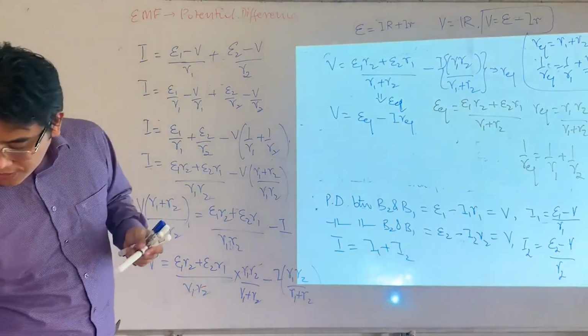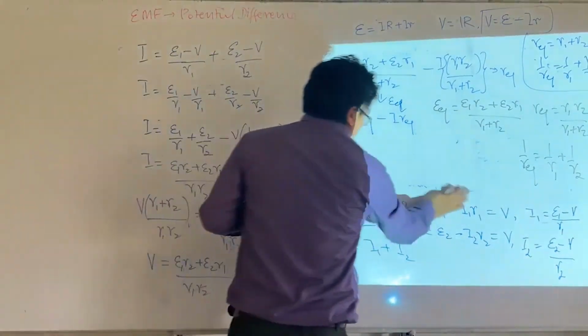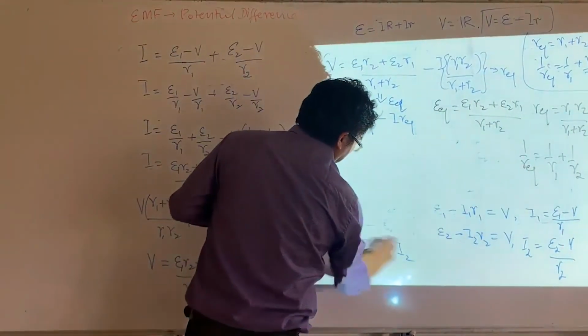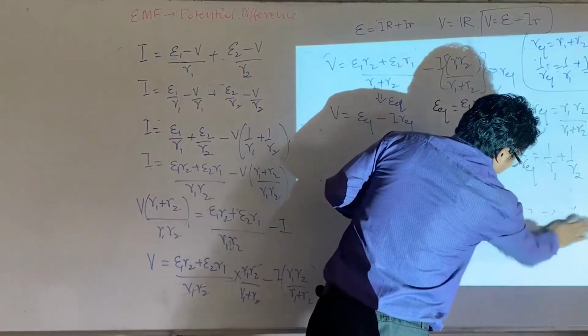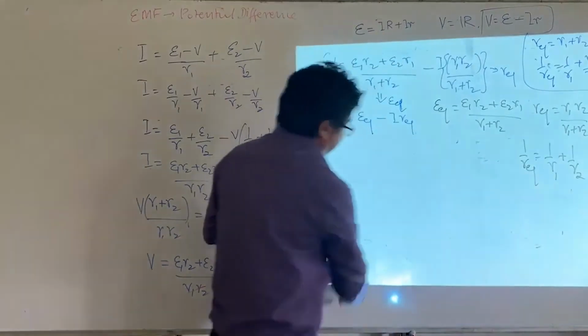Now what I am going to do is maximum current. What is the maximum current? Maximum current is equivalent EMF divided by equivalent internal resistance.